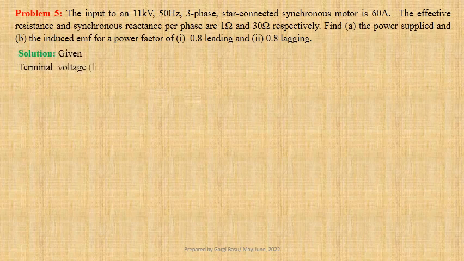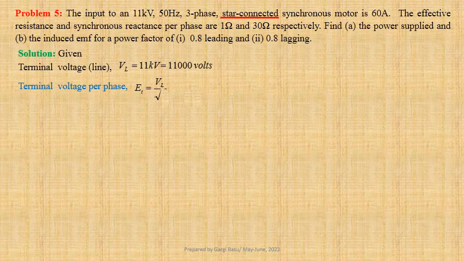Line-to-line terminal voltage VL equals 11 kilovolts, that is 11,000 volts. Since the armature winding is star-connected, terminal voltage per phase ET equals VL by √3, that is 11,000 divided by √3, which gives us 6350.853 volt.